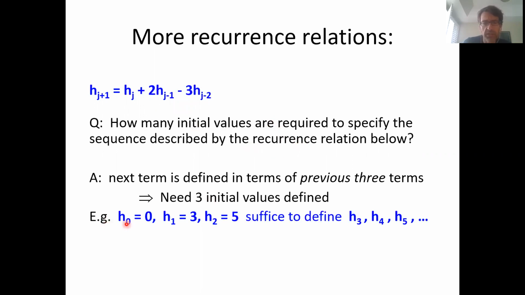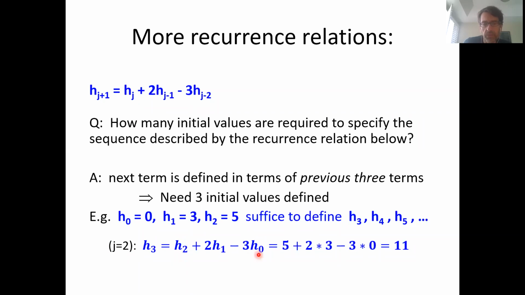Okay, so let's say h0 is 0, h1 is 3, h2 is 5. This will successfully define all the next. Okay, so let's test. How do I define h3? This index has to be 3. So that's the case of j equal to 2. So h3, and then I read off the formula instantiated with j equals 2. So this is h2 plus 2h1 minus 3h0.